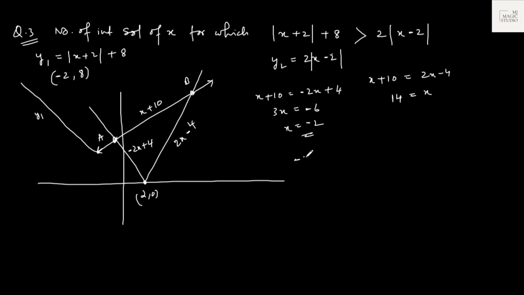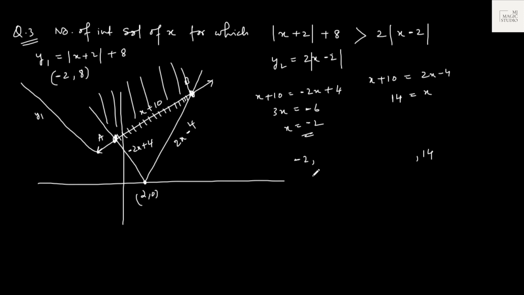So from minus 2 to 14, this range, the integral values on this particular ray is the number of integral solutions for which this particular thing holds good. This is greater than this, that means this will be the shading part, and we are looking out for what we call corner values.